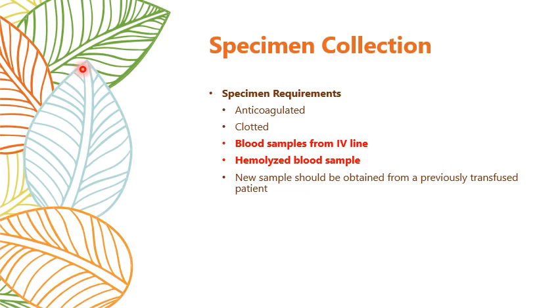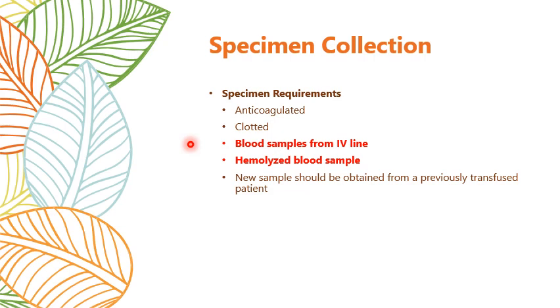Clotted specimens may require additional washing steps to minimize interference in test interpretations. Serum may contain fibrin clots that may be difficult to distinguish from true agglutination. Blood samples from an IV line are not acceptable because the blood may be contaminated with the IV fluid and produce erroneous results.